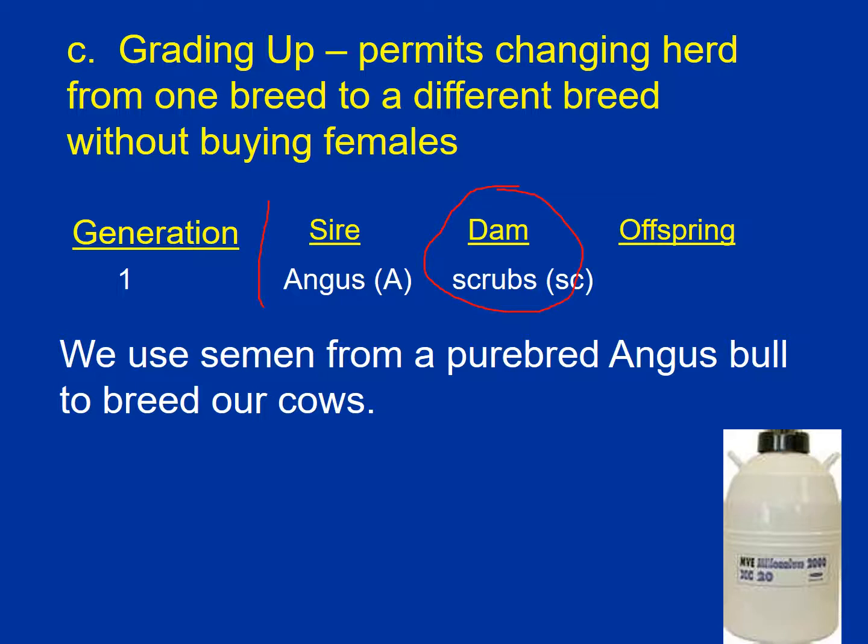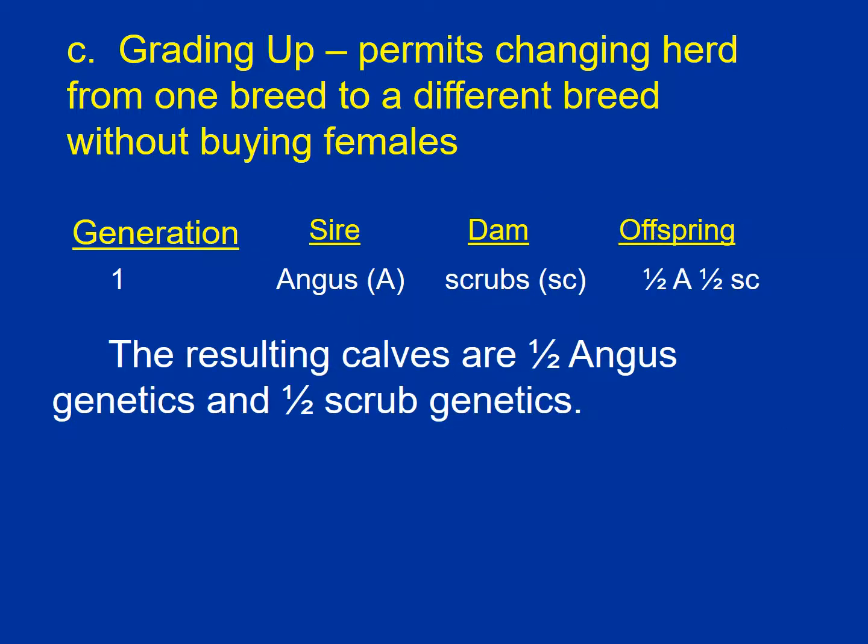We're going to buy some Angus semen, and we're going to get hopefully a lot of good offspring. So the offspring are going to be genetically 1/2 Angus, 1/2 of the original scrub cows, but hopefully we're going to get some heterosis, and performance-wise they should be better than the genetics that we started with.